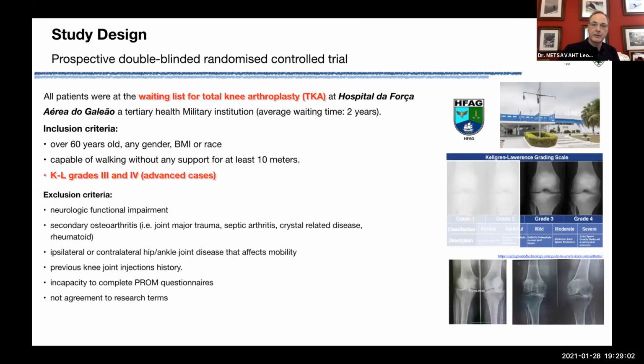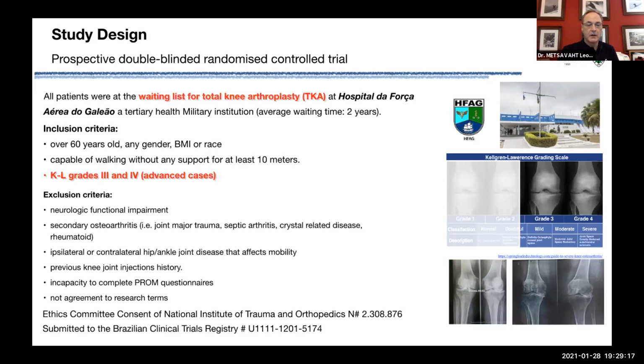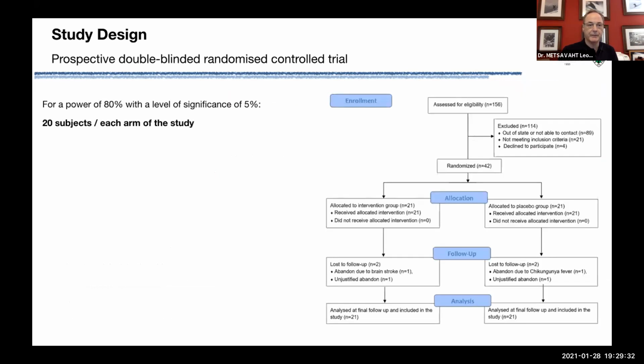Our exclusion criteria were those we normally see in the literature: people with neurological conditions or secondary, traumatic osteoarthritis, etc. Of course, we had permission from the national ethics committee and the hospital ethics committee, and we submitted this protocol to the clinical trials registry before starting.